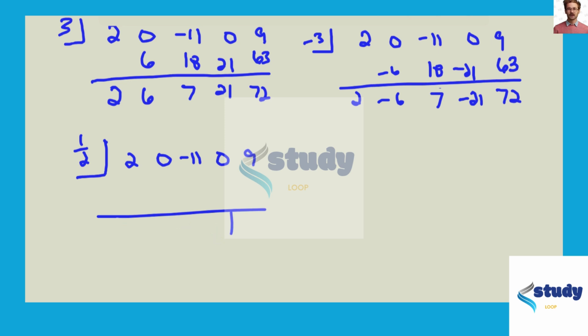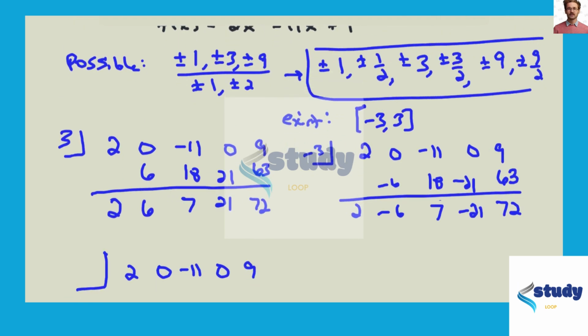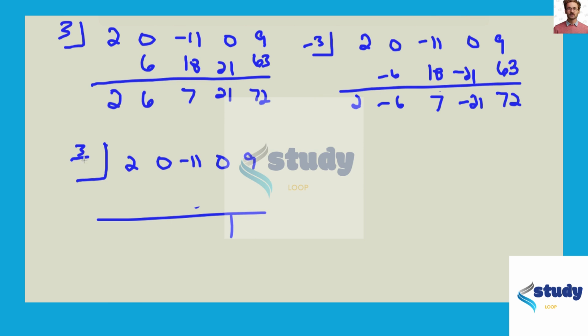We could try negative 1/2. Drop down the 2. That would be negative 1, add, multiply. This one's not going to be either, so let's try the 3/2. And hopefully we're striking luck here. Drop down, multiply, you'll get 6 halves or 3, add, then you'll get 9 halves.